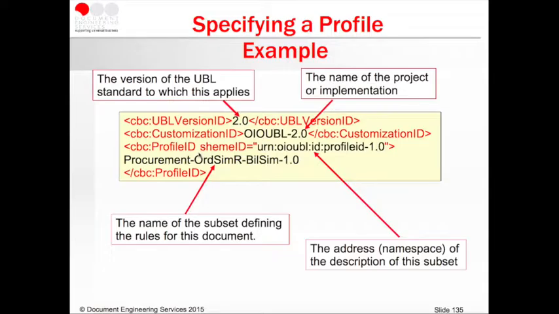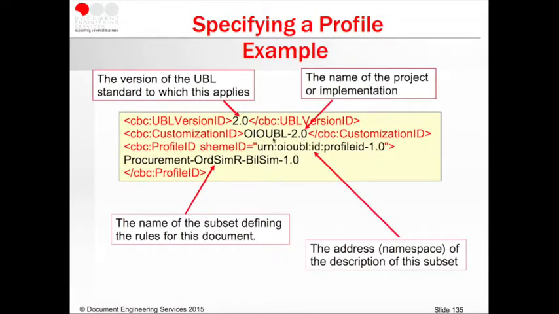Here's an example of how you would specify in a UBL document which profile you're actually using. In other words, identifying an additional set of business rules. So normally in every UBL document, you identify the version of UBL, but you can also specify a customization, which is a name of a project.